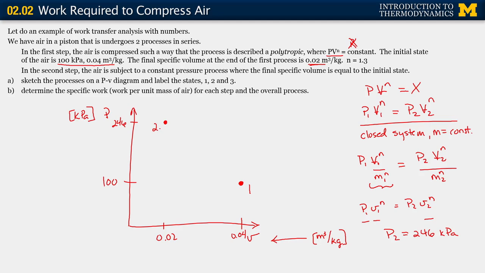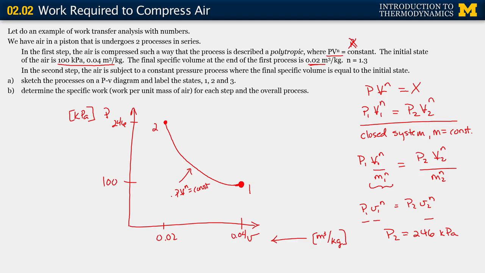A polytropic process looks like a curve, and you probably can't see the level of curvature unless you have a large space that you're covering. So this is a polytropic process. And I can label it equally either absolute volume or specific volume. Cool, we've got from state 1 to state 2.